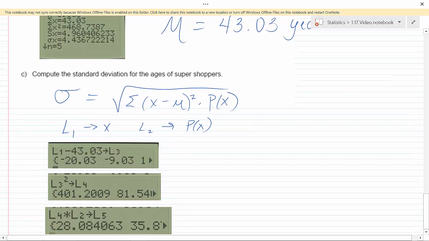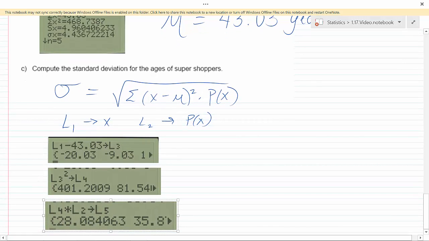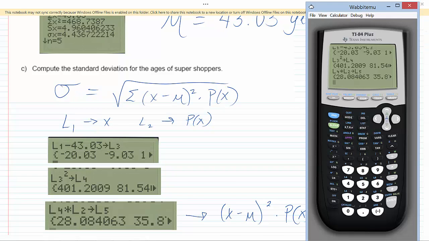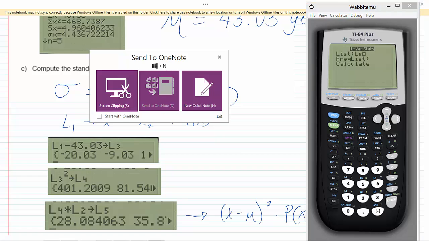Right now, in L5, I have the x minus mu squared times p of x values. I need to find the sum of those, so I'm going to go to my 1var stats, and I'm going to do this on L5 this time.